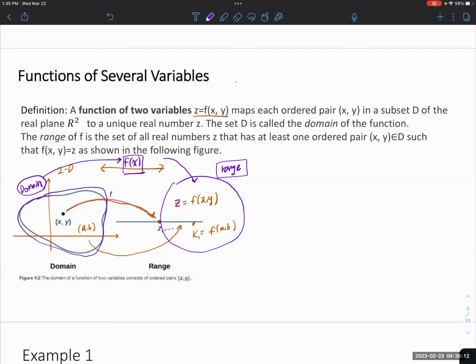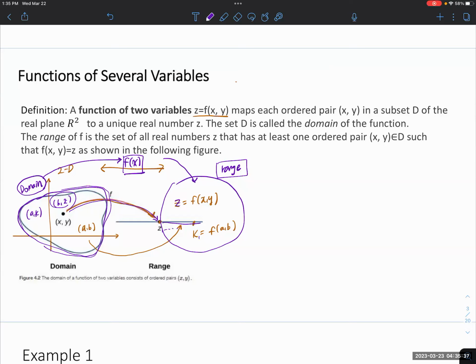Same thing, in your domain you have an infinite number of these coordinate points. It could be, I don't know, a comma k or h comma z. These are going to be mapped to another system. So that's going to be the domain and range relationship between two variables, and we call this a function of two variables system.